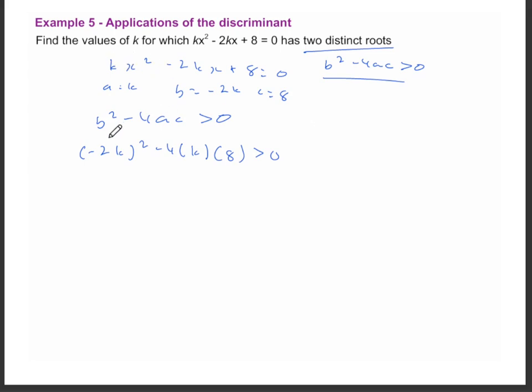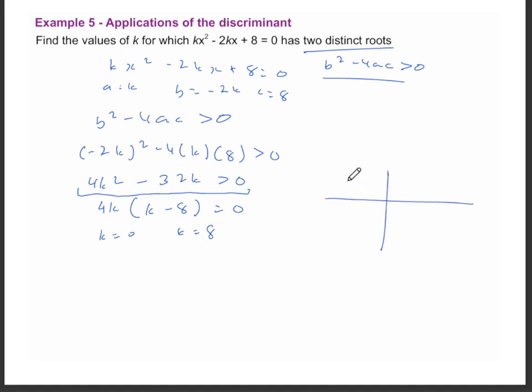And we can expand, so 4k squared minus 4 times k times 8, which is minus 32k, greater than 0. And this one will just give us 4k(k minus 8). Remember how we solve inequalities from one of our previous videos? We would equate it to 0, find our values, k equals 0 and k equals 8. Then we can draw the graph.